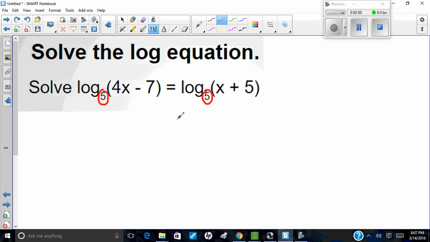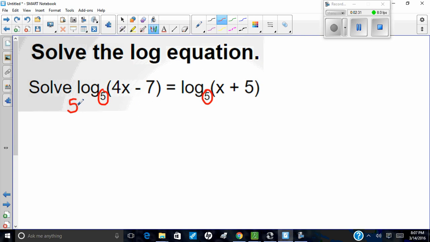Once I identify the base, what I'm going to do next is solve by what we call exponentiating both sides. I'm going to exponentiate by 5 since our base on our logarithm was 5, and you're going to see why in just a second. So exponentiating basically means I'm creating a new base, 5, and our logarithmic expression is now an exponent.